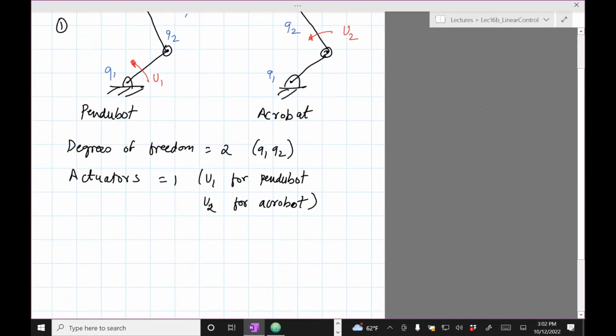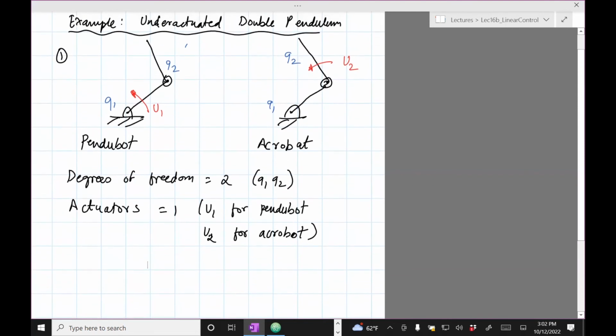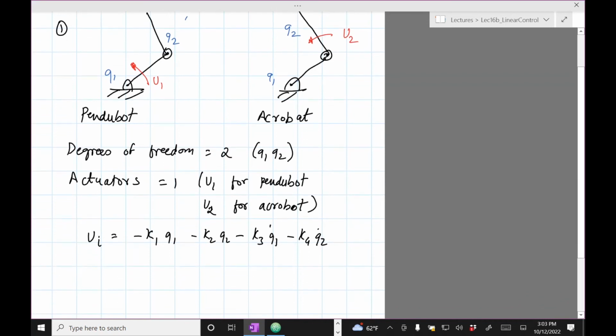Okay, so why is it complicated? Now the question is, you're trying to stabilize the system about the vertical position. How will you do this? Well, U equals minus K1 Q1 minus K2 Q2 minus K3 Q1 dot minus K4 Q2 dot. This is an example of a feedback controller because it uses the information from the sensors Q1 and Q2.